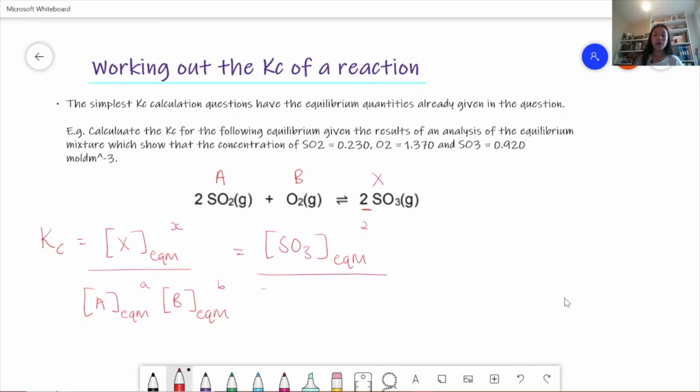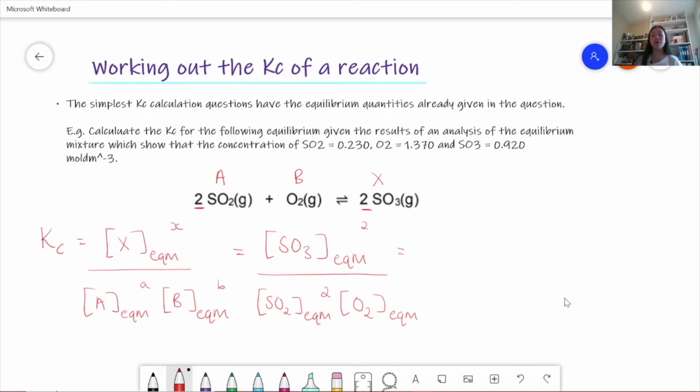And then on the bottom we'll have SO2, the concentration of it at equilibrium, and multiply that by how many moles of it we have, and then multiply that by the concentration of oxygen taken at equilibrium, and the moles of that is just 1, so there's no power.